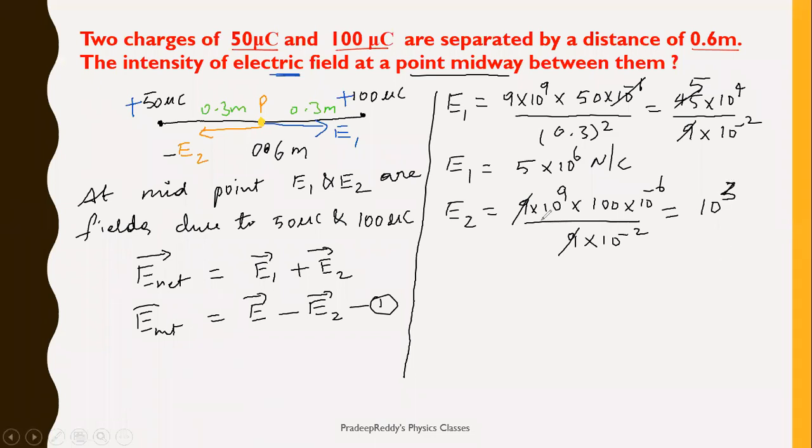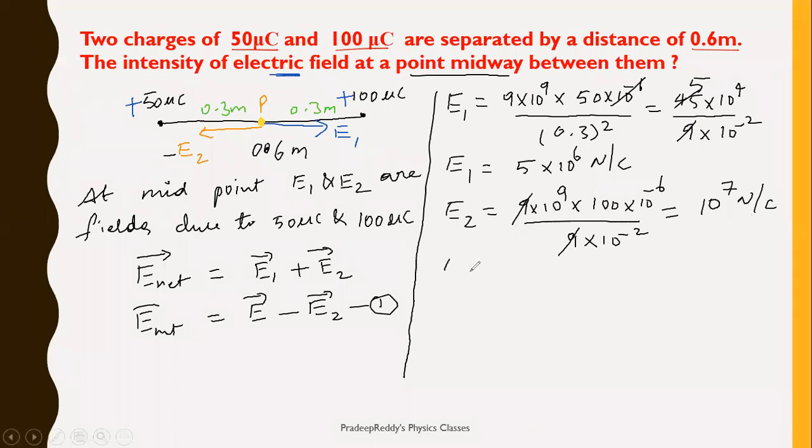Any mistake in this? 9 and 9 get cancelled. 10 power 9, here left will be 10 power 3, 4, 5. Remaining is 5, 6, 7. I am sorry, it is 10 power 7. Okay. So E2 is 10 power 7 Newton per coulomb.